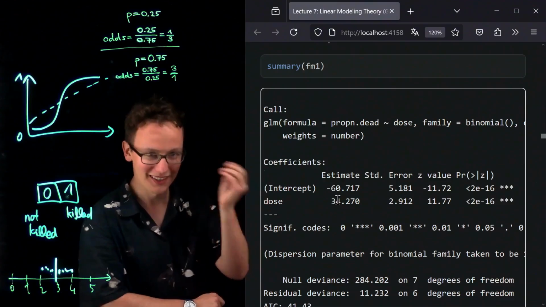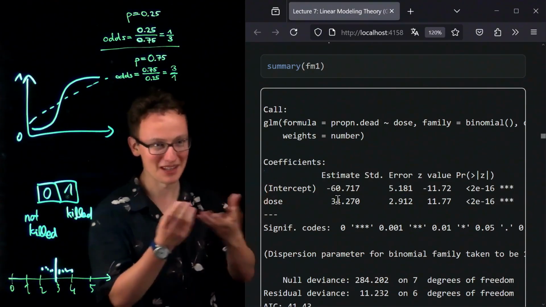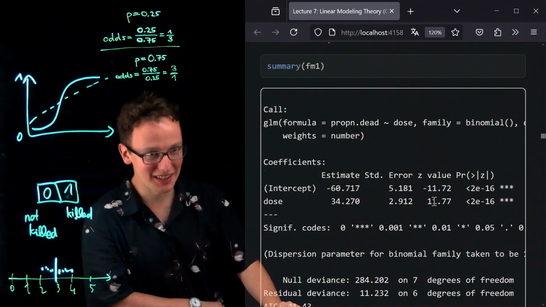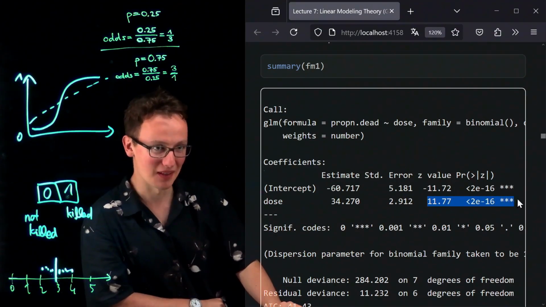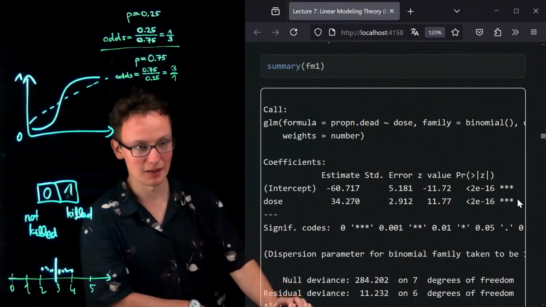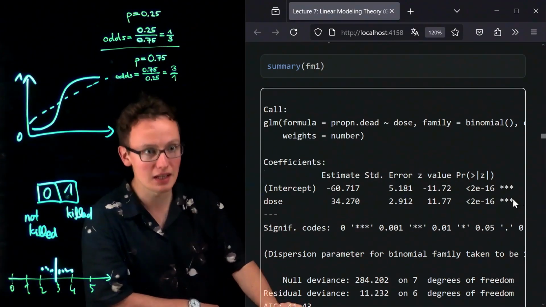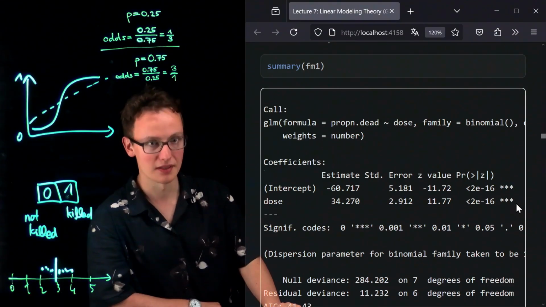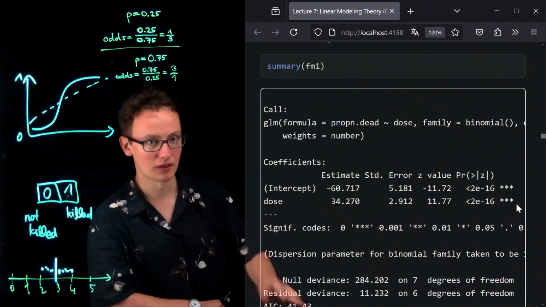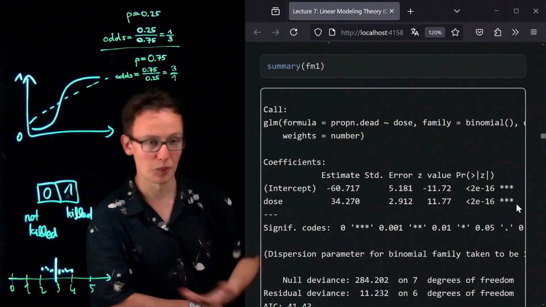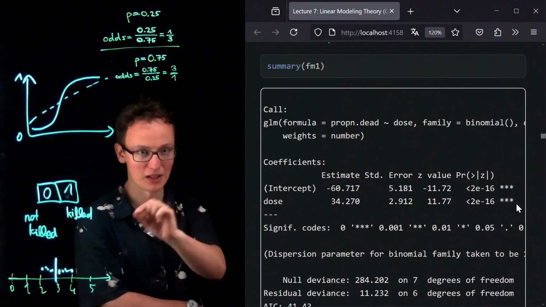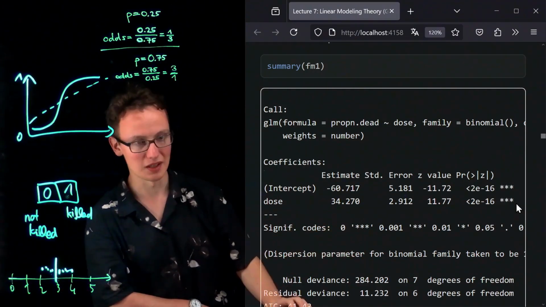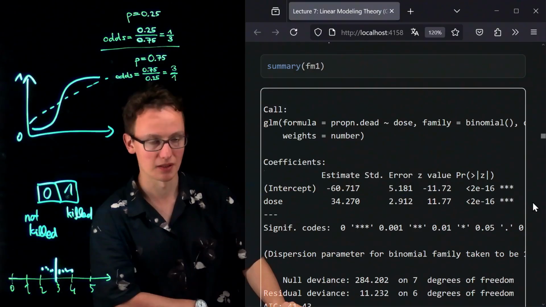Okay, it's a bit hard to understand what that means in terms of difference in probabilities, but the interesting thing is to see if that's having a significant impact. And indeed we see that the dose has a huge impact on the probability of beetles dying, which we also kind of intuitively saw by looking at the summary statistics, where we saw that there is this trend, right? That's also confirmed here by our logistic regression model.